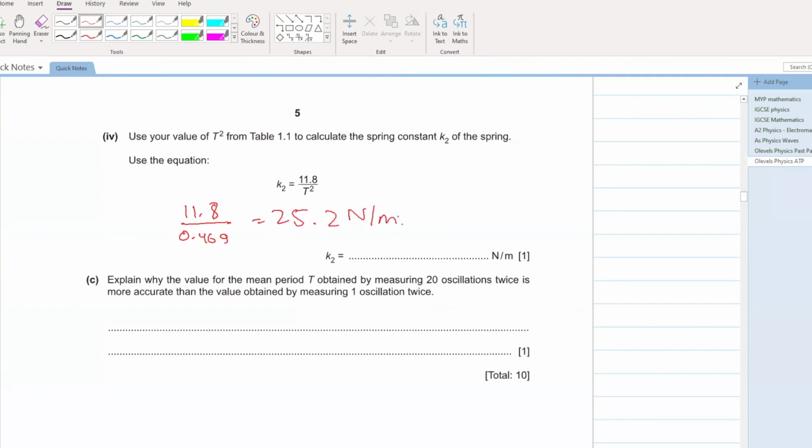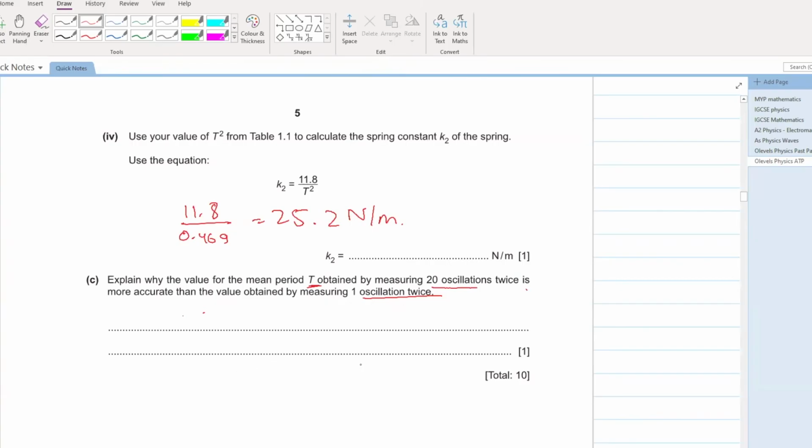Perfect. Explain why the value of mean time period T obtained by measuring 20 oscillations twice is more accurate than the value obtained by measuring one oscillation twice.